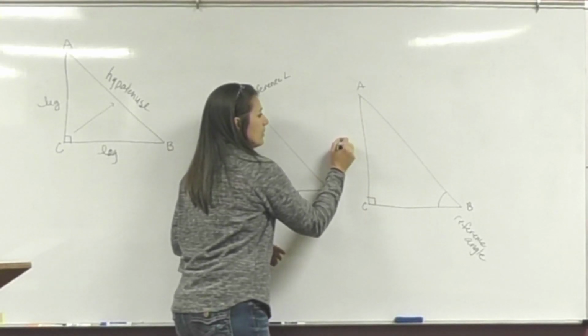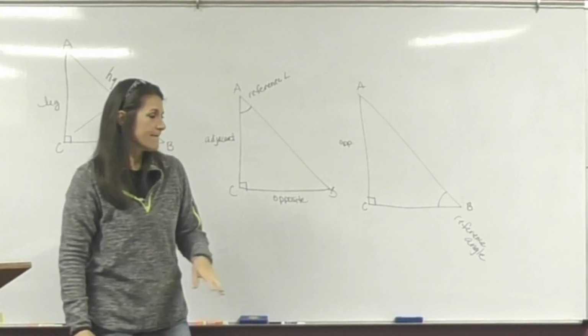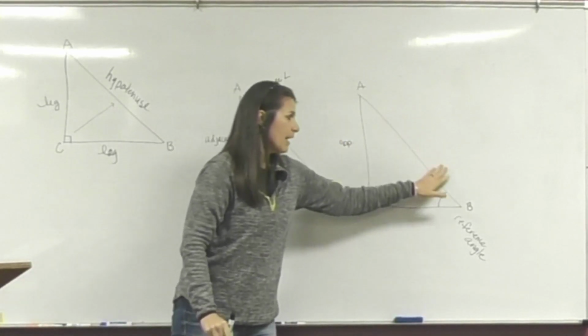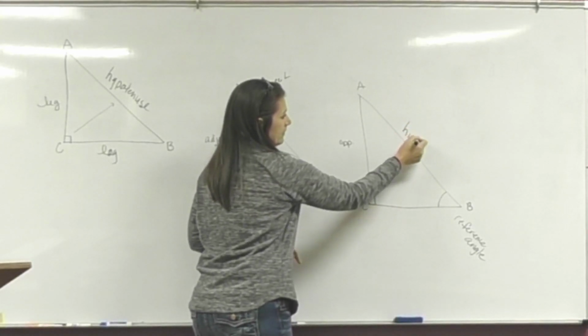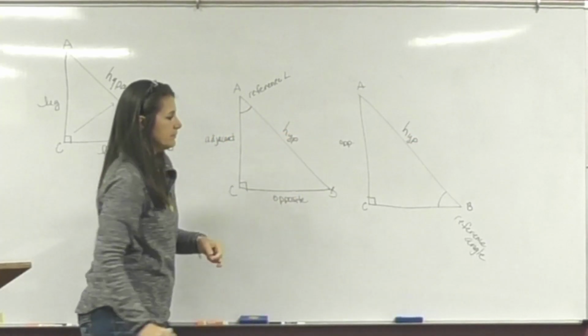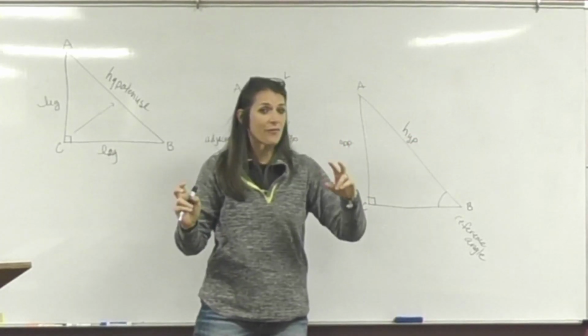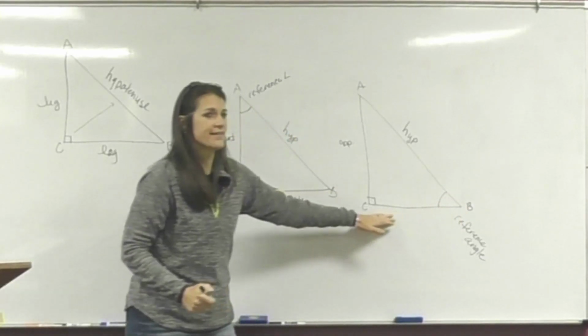So this would be called opposite. And this is the hypotenuse, which we know because it's opposite the 90. In reference to angle B, this side right here is the adjacent.